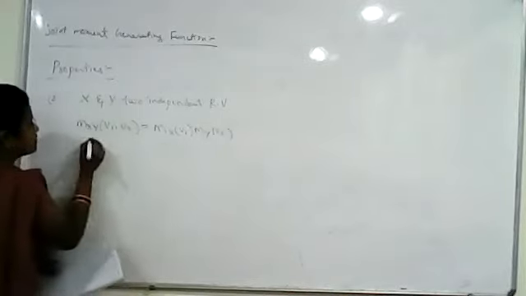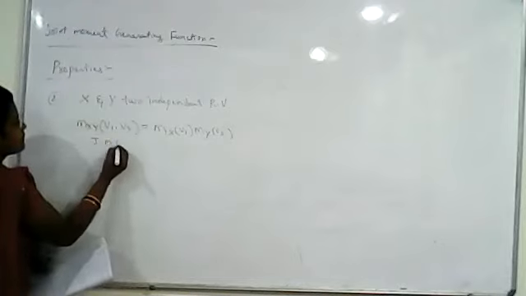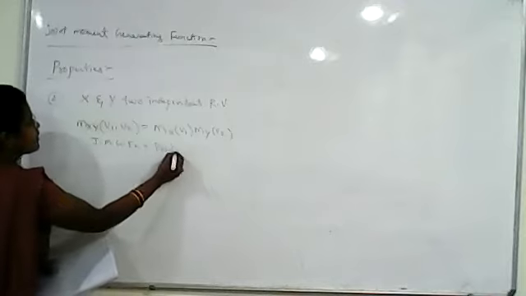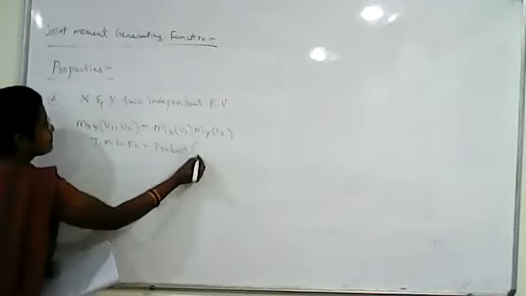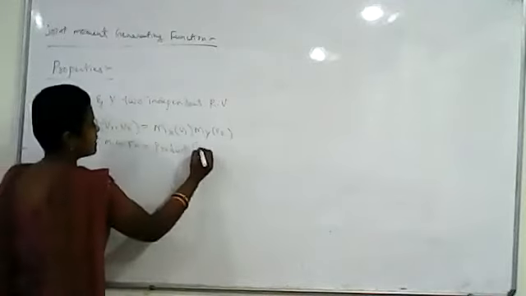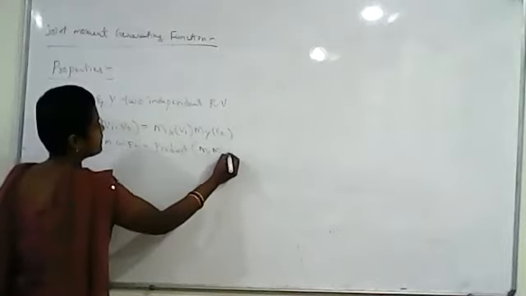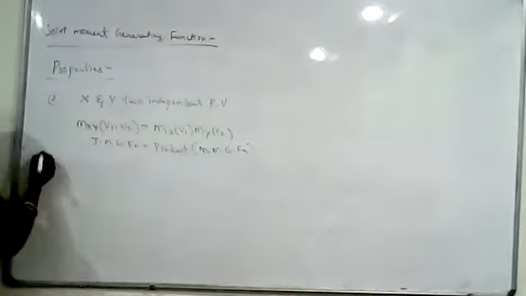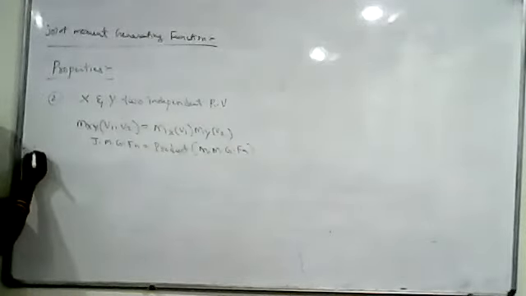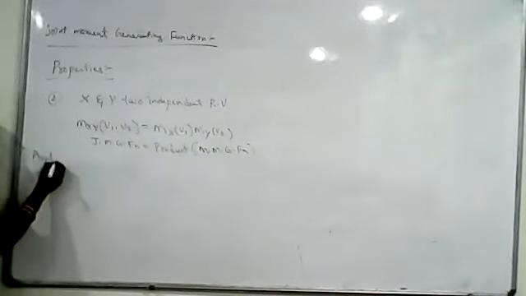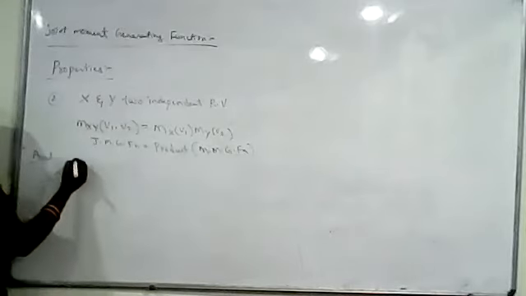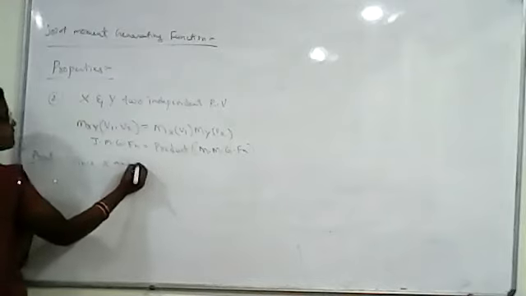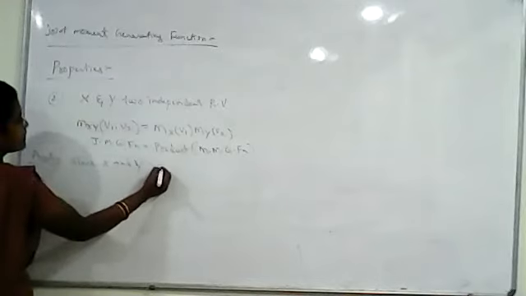Okay, so that is, joint moment generating function is equal to what? Product of marginal moment generating functions. Okay. So now we'll see the proof of this. Since x and y are independent random variables, it is given that x and y are independent.